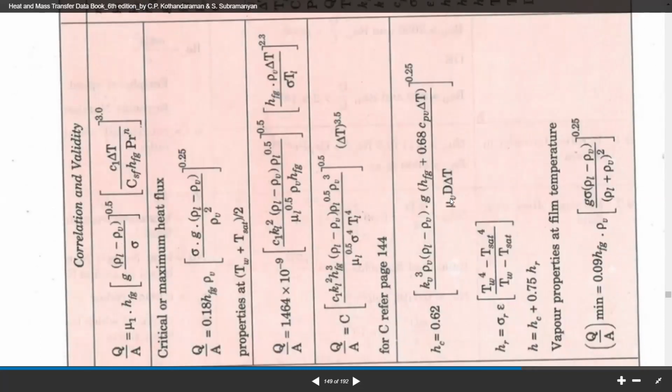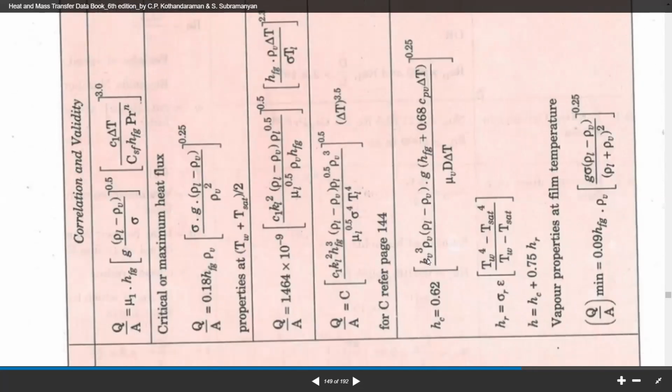Okay, so let's proceed to the solution in detail. We have been discussing k_v, rho_v. These are the thermophysical properties of vapor. Now the question arises, at what temperature do we have to consider these values?